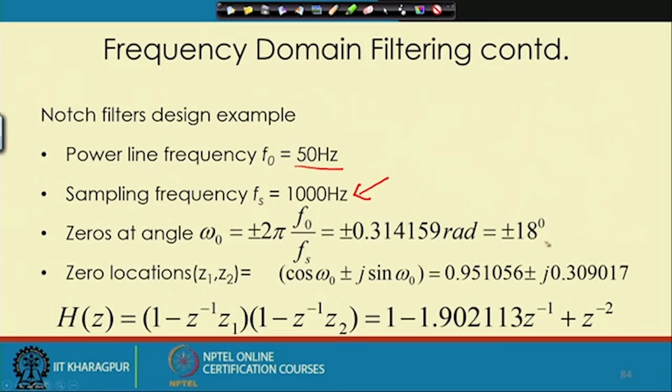So, using this information we get the zero locations, cosine omega0 plus minus j sin omega0, and using that information we can reconstruct H(z), which comes as a second order filter which is symmetric.